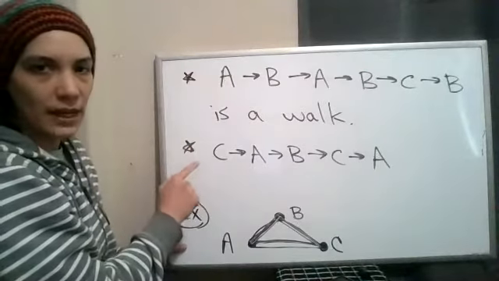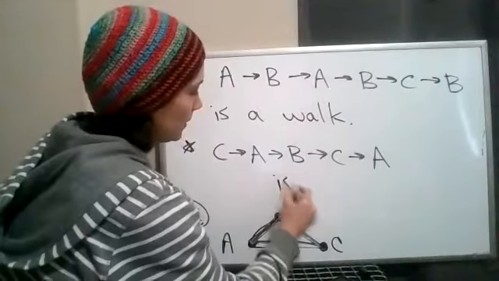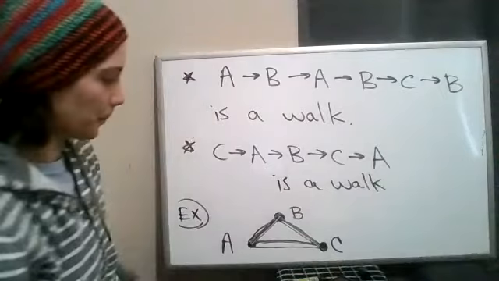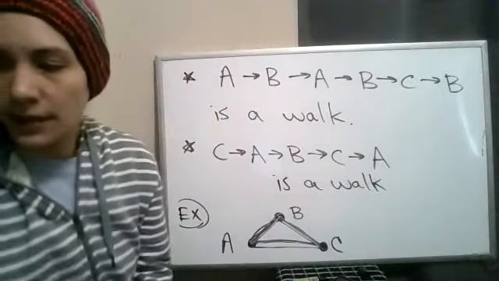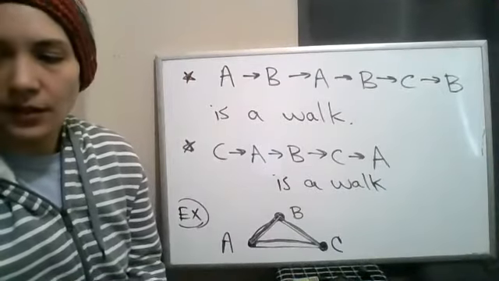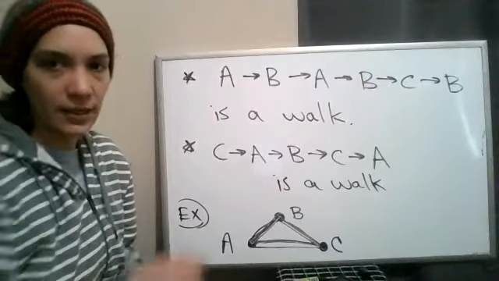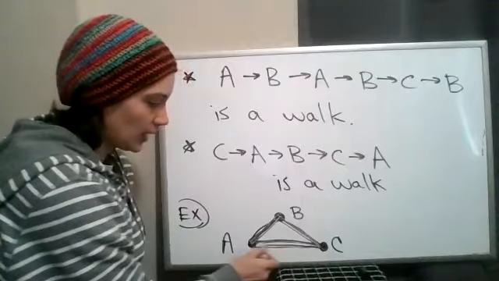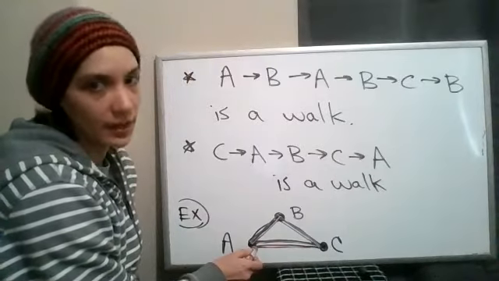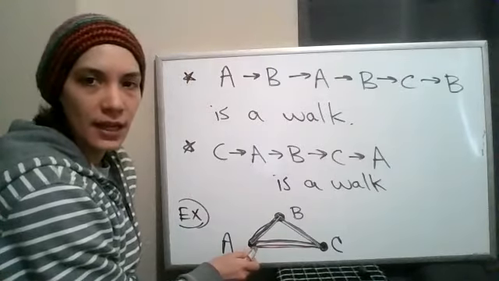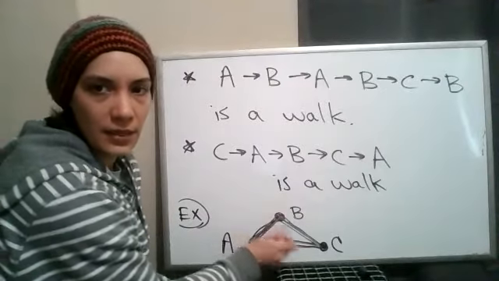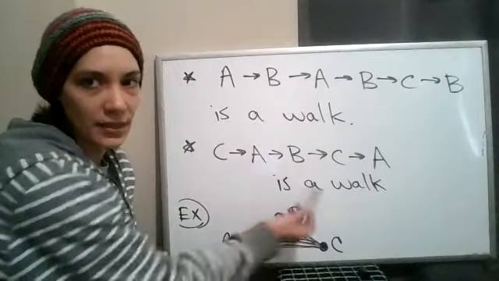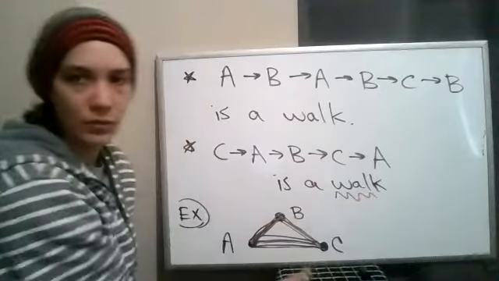This one is also a walk. Let's get color. So let's do that journey again. We start at C and go to A. So right next to each other, we've got C and A. A goes to B, and then go to C. And we're going to cross over this edge one more time, C back to A, which is okay because it's just a walk.